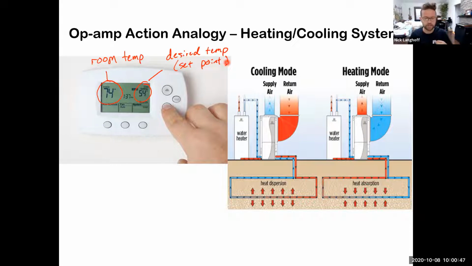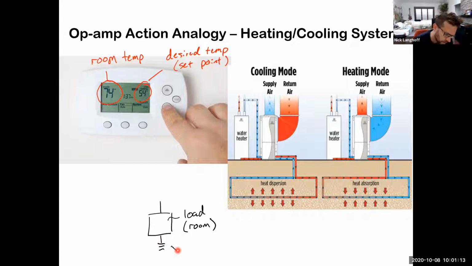Now, the temperature system, what does it do? It's actually measuring the temperature somehow. If we were to draw the analogy on our op-amp diagram, the load would be like the room that we were trying to heat. There's some reference temperature, which is 0, ground, or whatever it is.